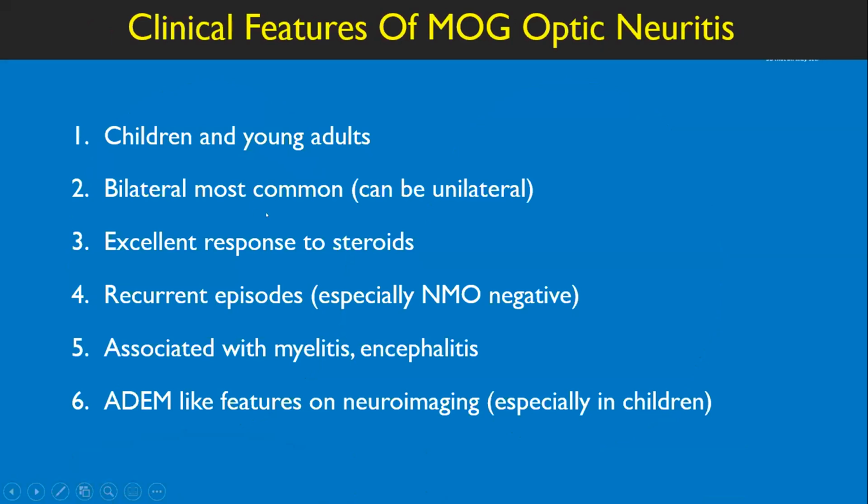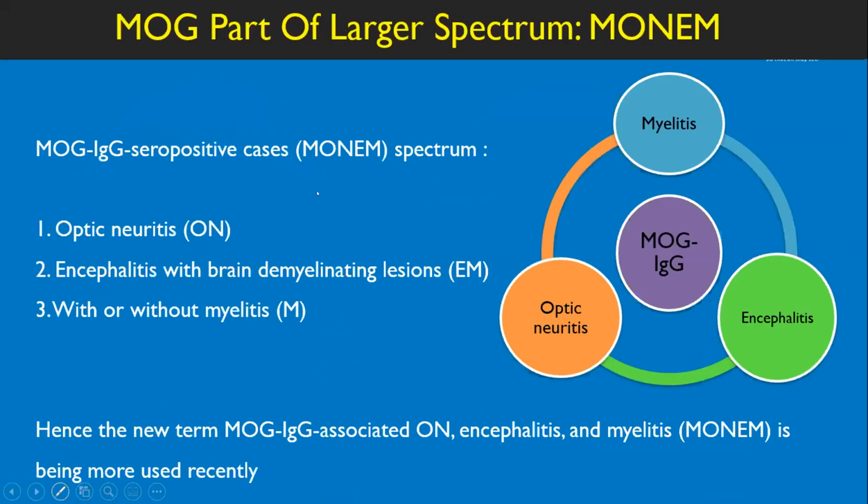Usually it is bilateral, but can be sequential involvement. There is accelerated response to steroids, but recurrences are very common. And it can also be associated with myelitis and encephalitis, and can have edema-like features on neuroimaging, especially in children. It is also recognized that it's a part of a larger spectrum where optic neuritis, encephalomyelitis, with or without myelitis can occur, and therefore we use the term MONEM for this spectrum of findings.